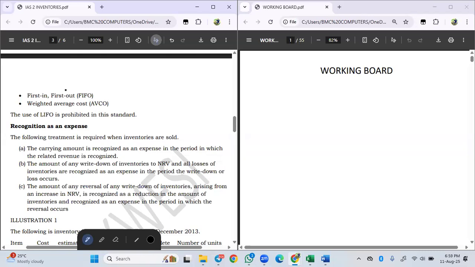So we learned of FIFO and also LIFO, weighted average, and simple average. But I am saying that the use of LIFO is prohibited in this standard. This standard does not allow the use of LIFO, last in, first out. That's the full name, last in, first out.